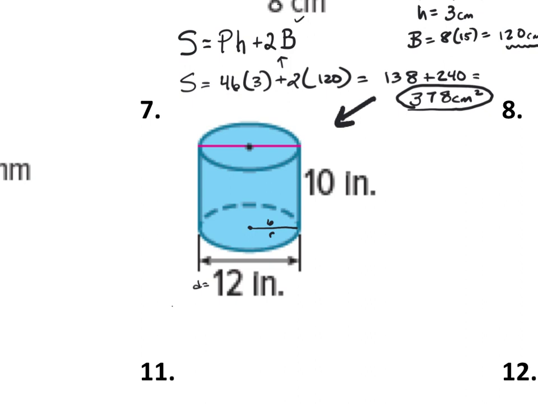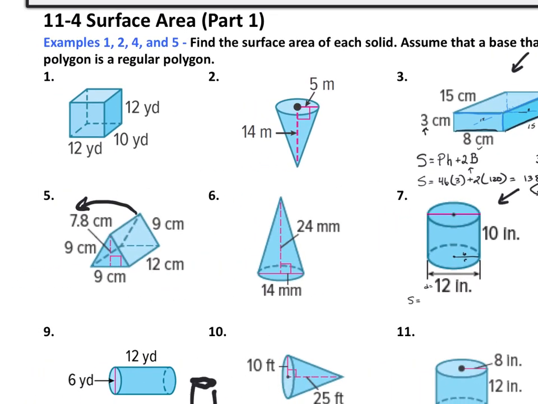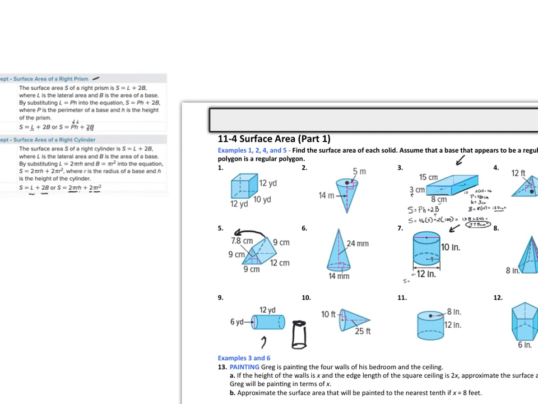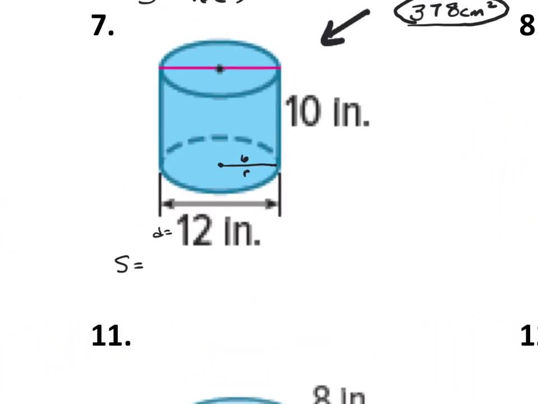And it said that my surface area was equal to, let me go back over and look real quick. Surface area was equal to 2 pi RH plus 2 times pi r squared.